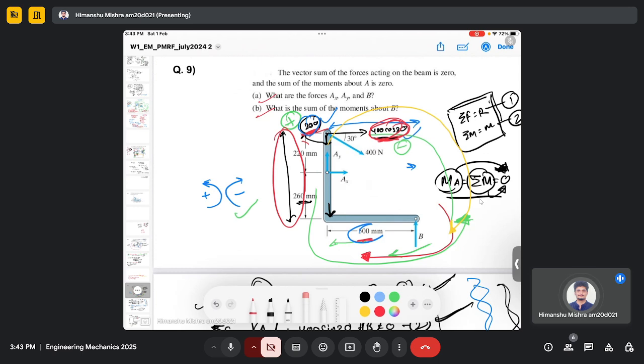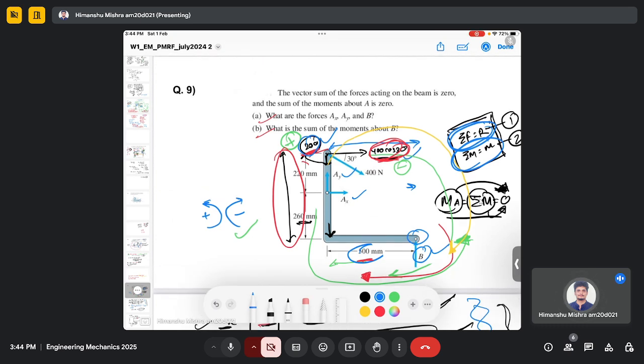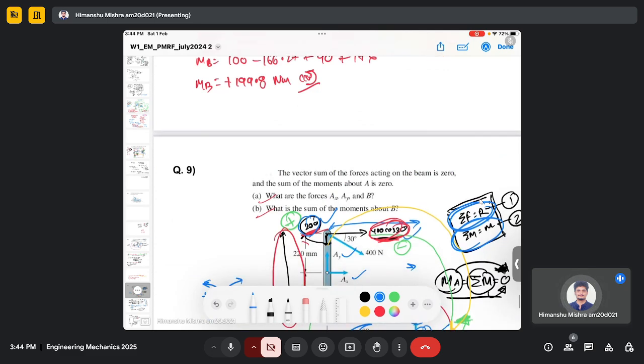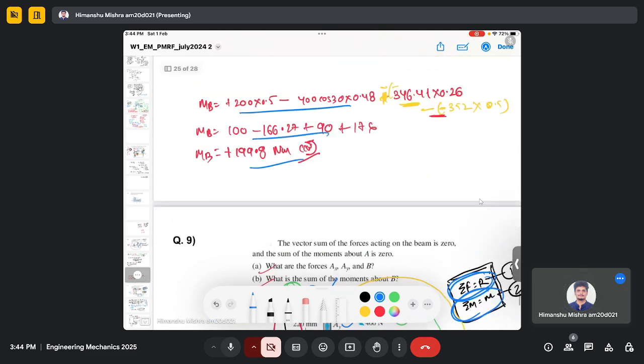The two equations come from summation of forces, and the third equation comes from the summation of moment, because we have been given three unknowns to find: AY, AX and B. In the second part, we need to calculate the moment at point B. So we identify the forces which induce the moment at point B, and then using the sign convention, we directly calculate the moment. So any doubt in this problem?